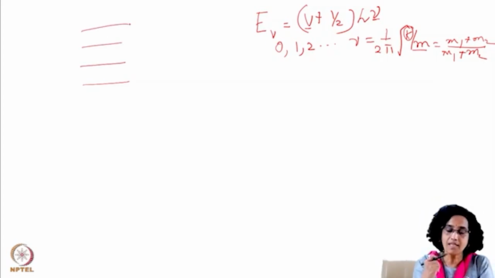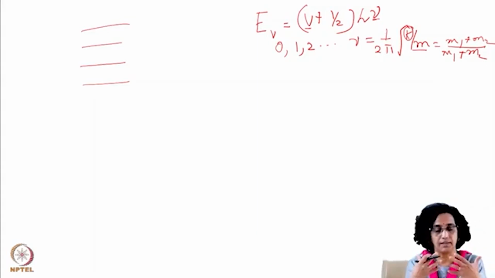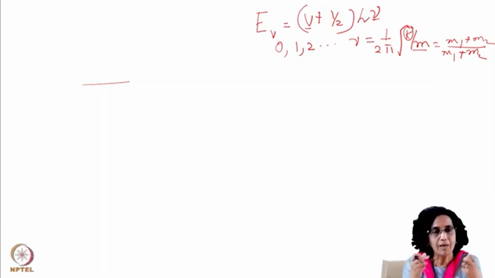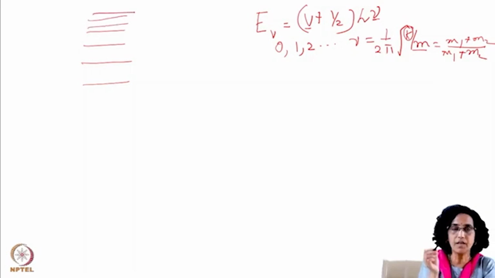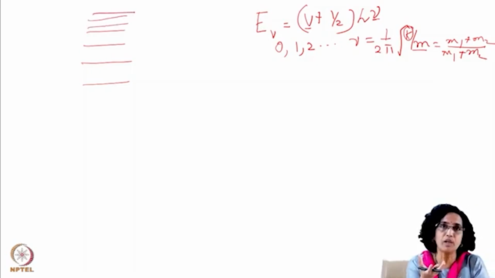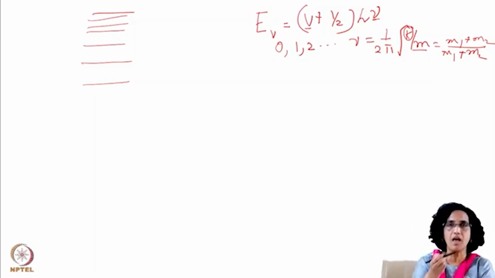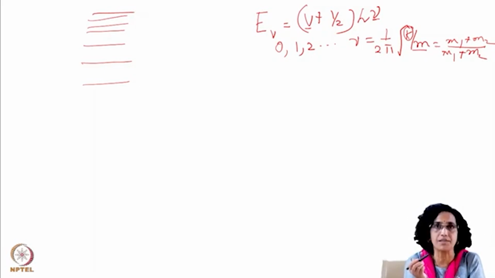However, as the vibrational quantum number increases, that means the molecule starts oscillating very vigorously, then the vibration deviates from being simple harmonic to anharmonicity, and therefore the energy levels start getting closer. So in a real molecule, the vibrational energy levels are not really equidistant, but because of anharmonicity, they start getting closer as the vibrational quantum number increases.